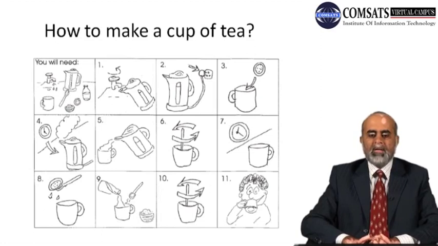Okay, look at step 1. So what imperative sentence can describe this process? Maybe pour some water into the electric kettle, or you can say add some water into the electric kettle.